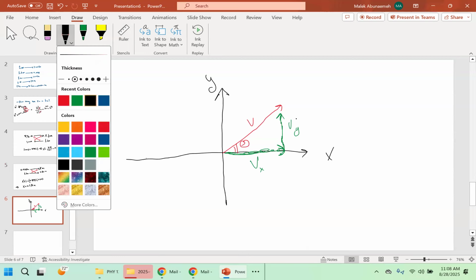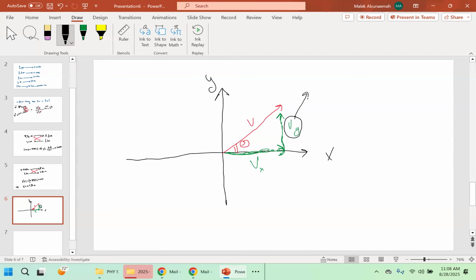Now, let's talk about this little fella for a little bit. Your sine theta is going to be your opposite over hypotenuse. Again, this is your opposite, and this is your hypotenuse, which is whatever is on the y-axis over hypotenuse.